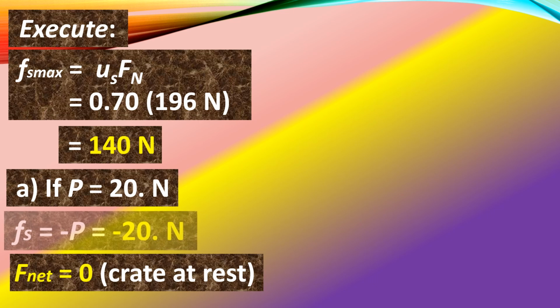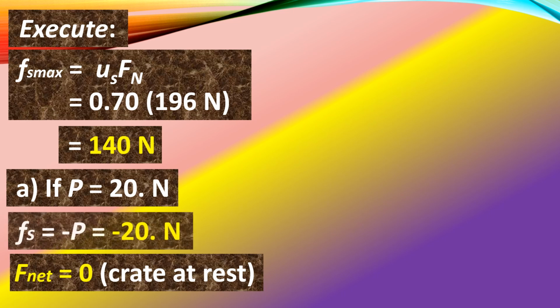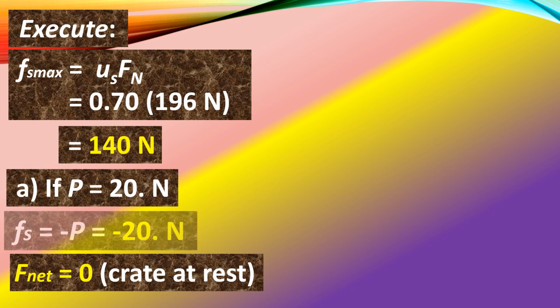That is why we are able to say that if the applied force P is way below the maximum static friction, then we are only talking about a situation where the force of friction is simply equal but opposite to the applied force, so that the summation of the horizontal forces must be equal to 0.